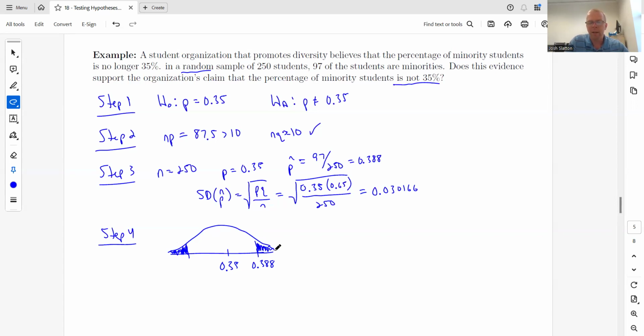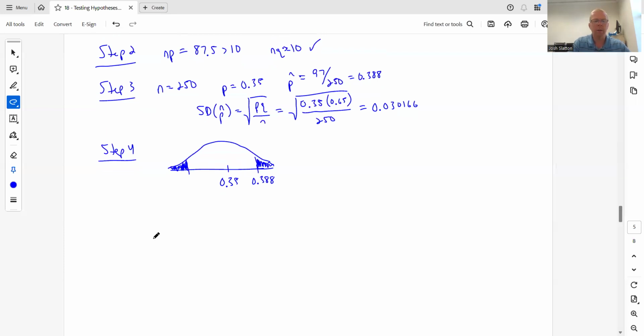So we can calculate this area, which we're going to do in step 5 here. And then all we need to do is double it. And you can do that all at once. So on the graphing calculator, the p-value, you can do this all at once or you can do it in 2 steps. It doesn't matter. But you can do 2 times and then go into the normal CDF menu on the calculator. So we're going to find this area, and then the 2 times is going to get this area and then multiply them together.